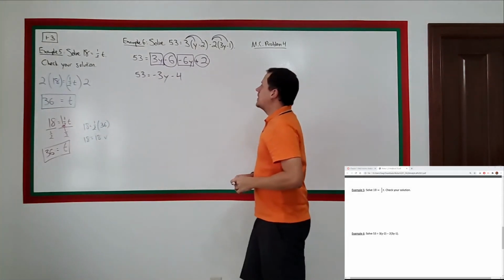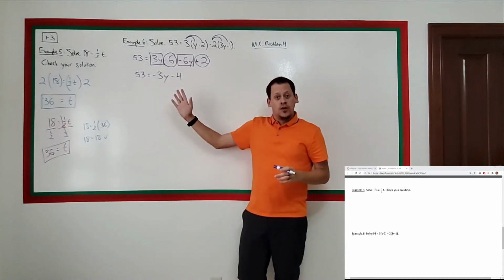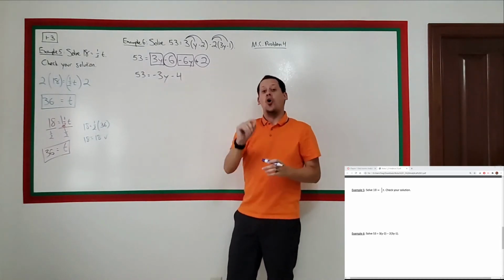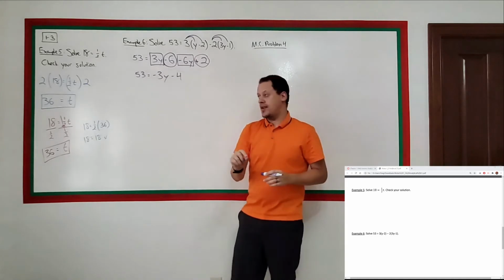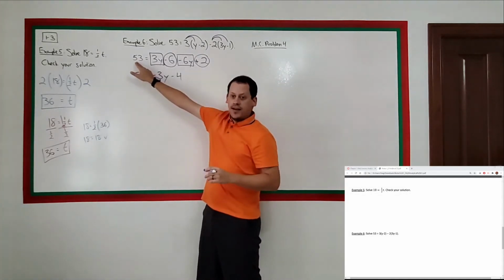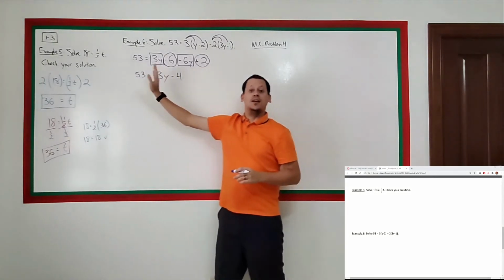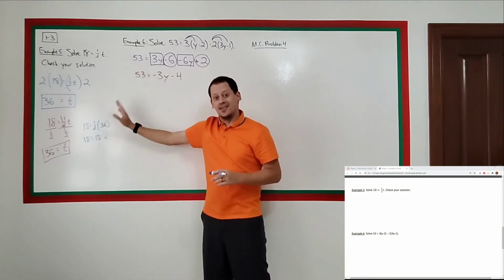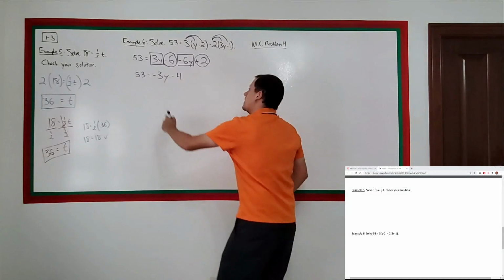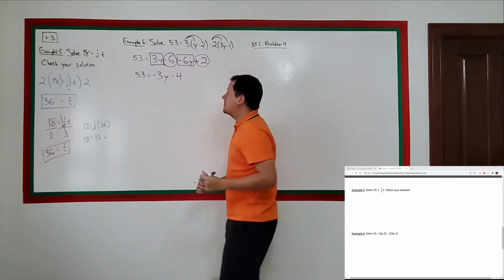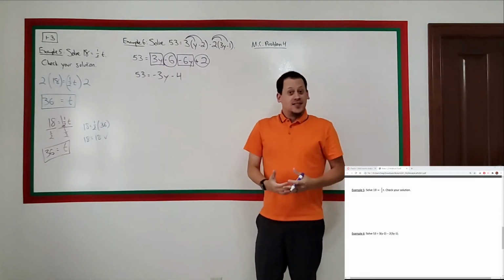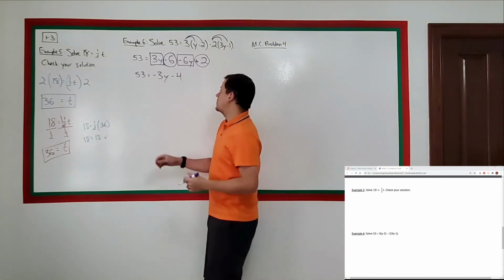Okay? So when you have an equation, you can still combine like terms, but only on the same side of the equal sign. Notice we did not in any way combine this 53 with these two things. Since it's on the other side of the equal sign, it stays where it is. So now we have this, and at this point, this is a two-step equation, so we can solve for y.